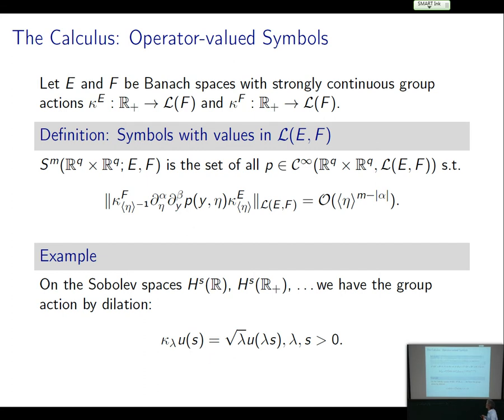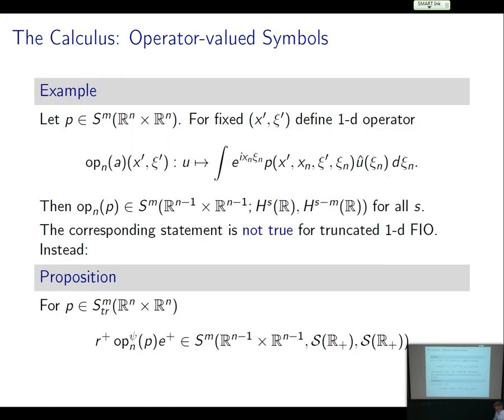Okay, so this really helps. It's instructive to look at the example of a usual pseudo-differential symbol. Namely, suppose you have a symbol in n variables, and you split the last variable off. So you fix x prime and xi prime, and only look at the action in xn. So this is what I call op n of p, of course.